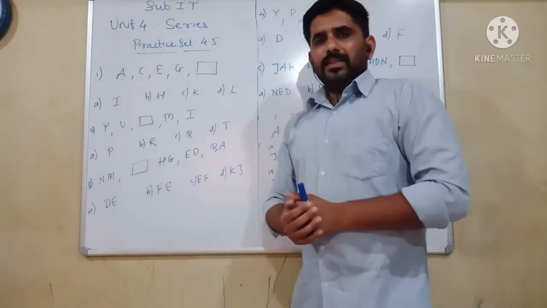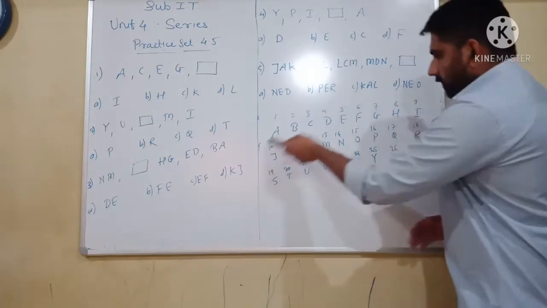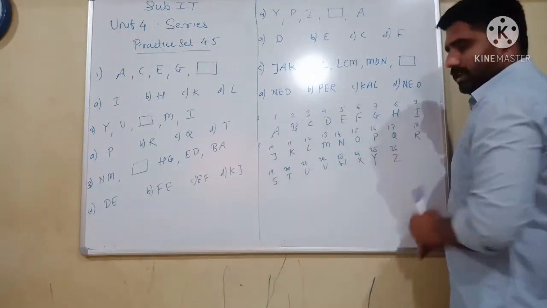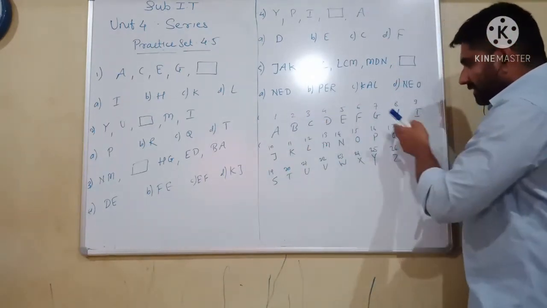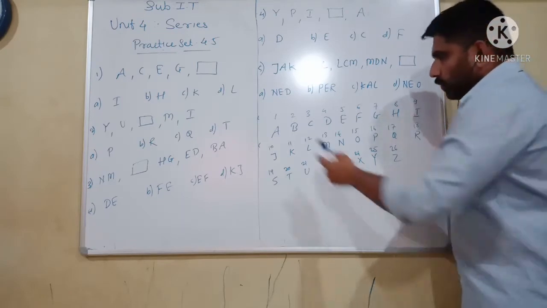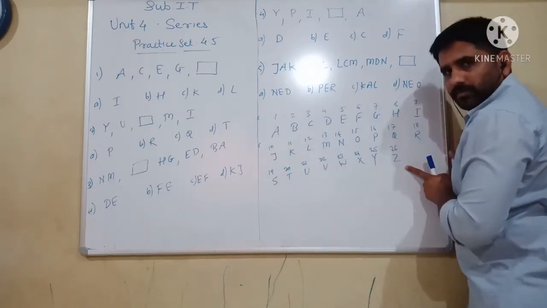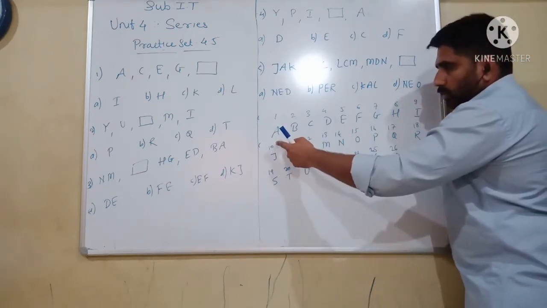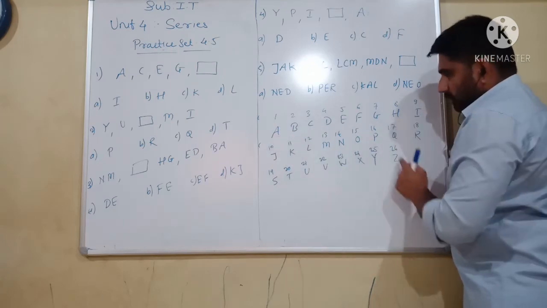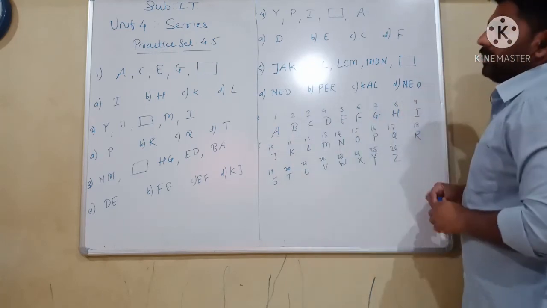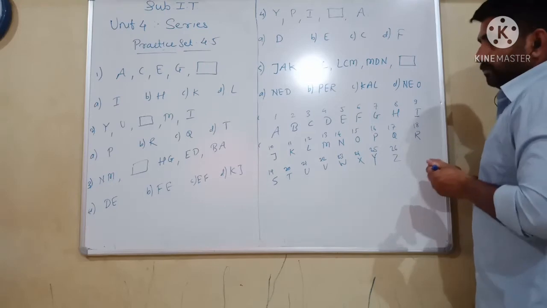To simplify this, we need to write down the alphabets serially and give them numbers. As we know, there are 26 alphabets in total, so I have written all of A to Z and given them numbers. Now see the pattern.